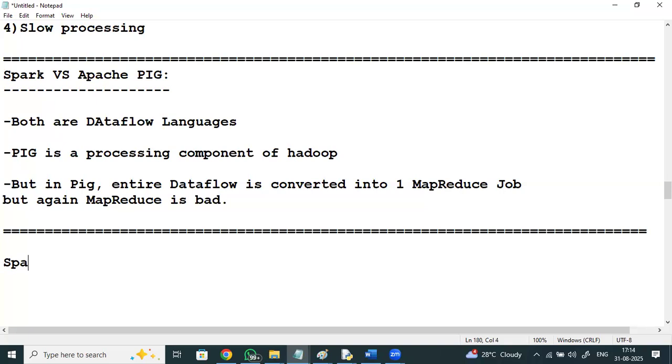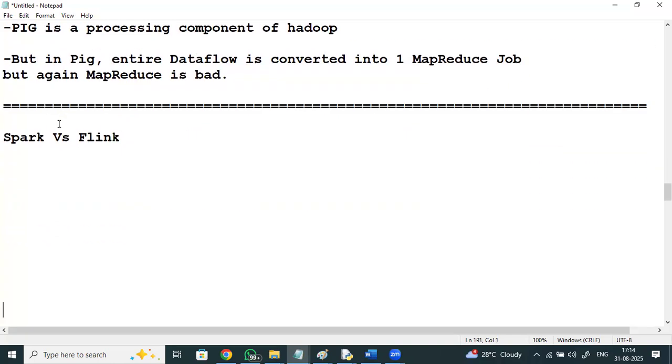Spark and Flink, right? Both are Apache products.